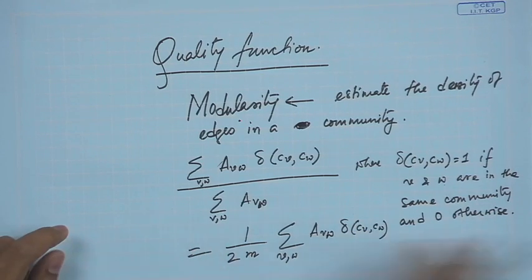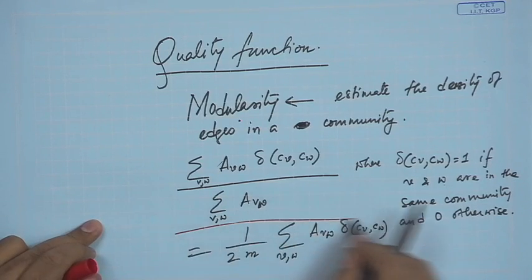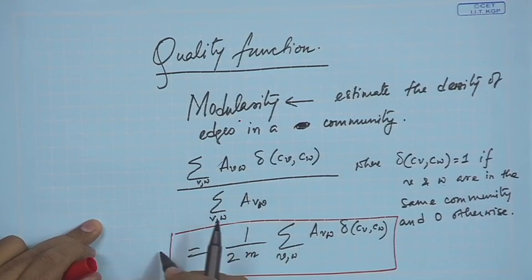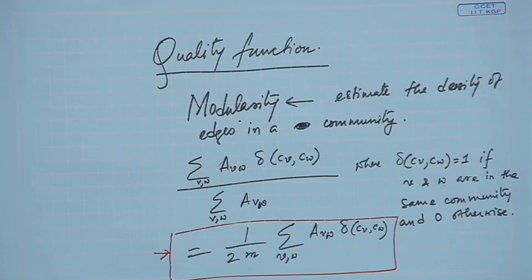So, here m is the total number of edges in the network. Then if you look at this formula, you immediately find that there is a problem hidden there. We are trying to find out the quality of a partition, and we are trying to find out the density of the edges inside that partition, and that would be an indicator of its goodness.